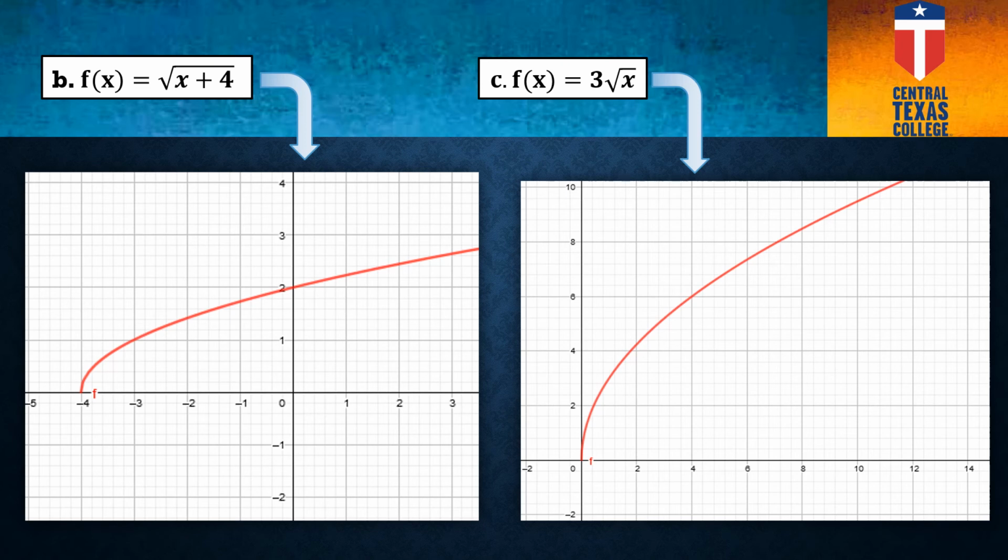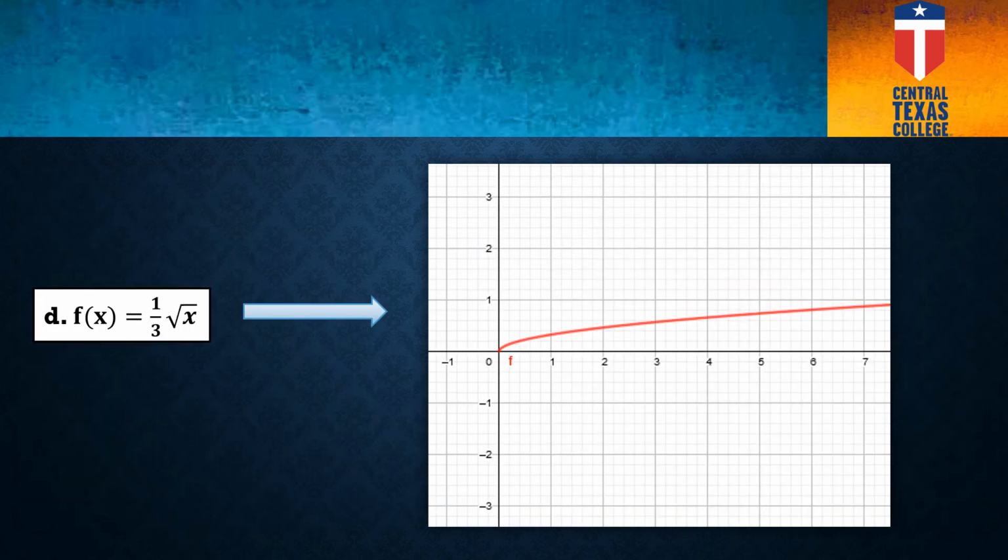And for part C, we have f(x) = 3 times square root of x, which means it was stretched vertically by a factor of 3 from the original graph, as you can see here on the graphs. For part D, we have f(x) = 1/3 times square root of x, which means it was compressed vertically by a factor of 1/3 from the original graph, as you can see here below.